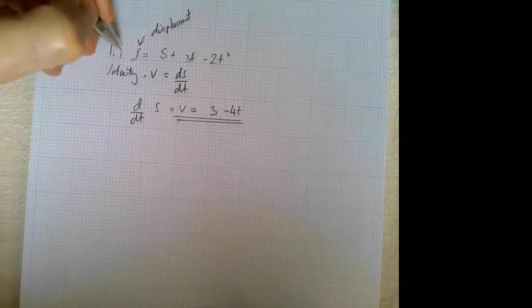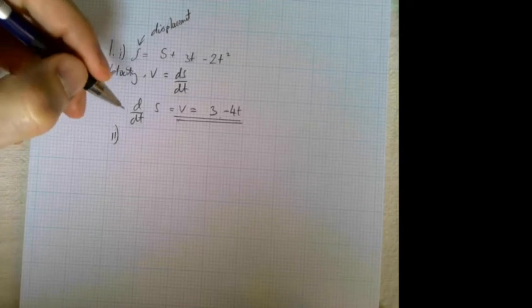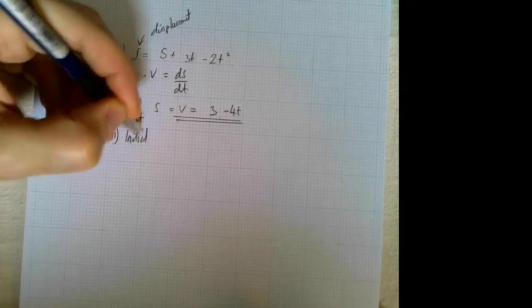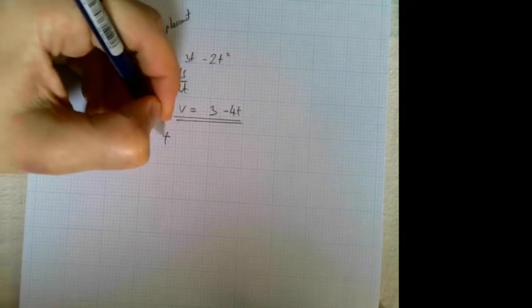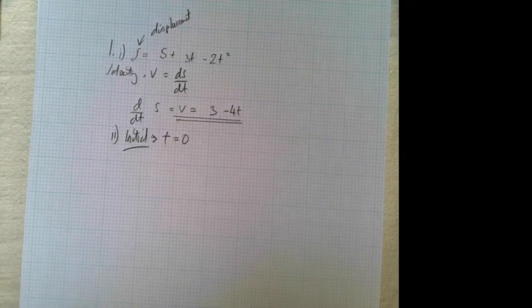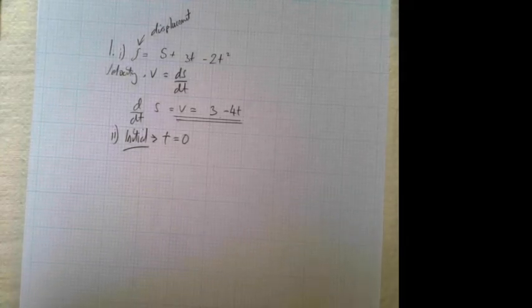Part 2 of this question was to calculate the initial position and the initial velocity. So that word initial would indicate that the time is equal to 0. We can assume when somebody's asking for what's the initial velocity, initial acceleration, initial speed, we're always going to make time equal to 0 unless we're told otherwise in a problem like that.